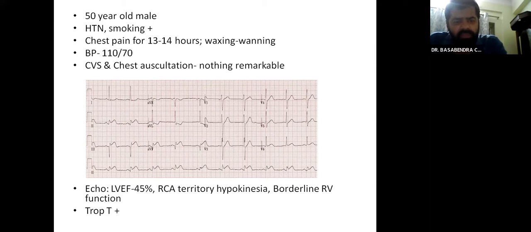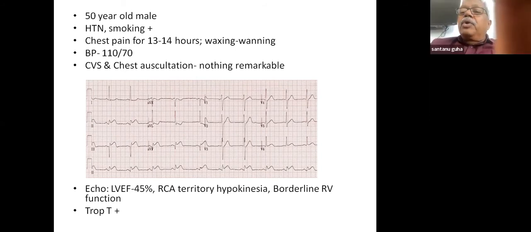The echo showed RCA territory hypokinesia, which corroborated our interpretation, and there was also borderline RV function. The LVEF was around 45%. The troponin T FIT test done initially was positive. So in view of the ongoing chest pain, we decided to take the patient for angiography and then primary PCI.